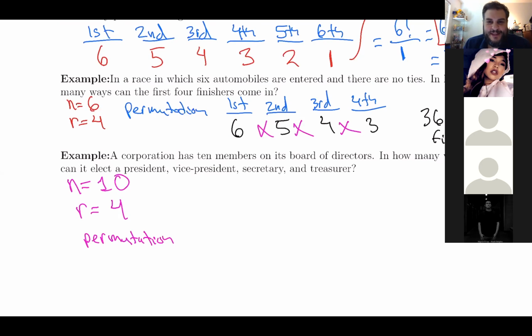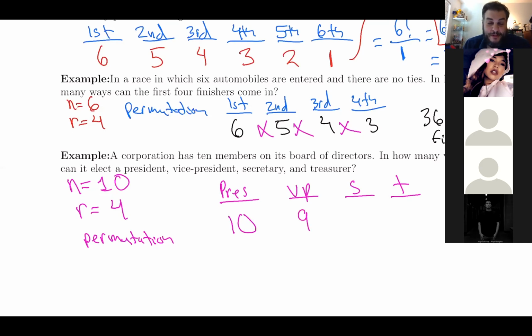Everybody good with permutation on this one? Mm-hmm. Yes. So we have the president, the VP, the secretary, and the treasurer. For president, that should be 10. For VP, once we choose our president, we only have 9 to choose from.